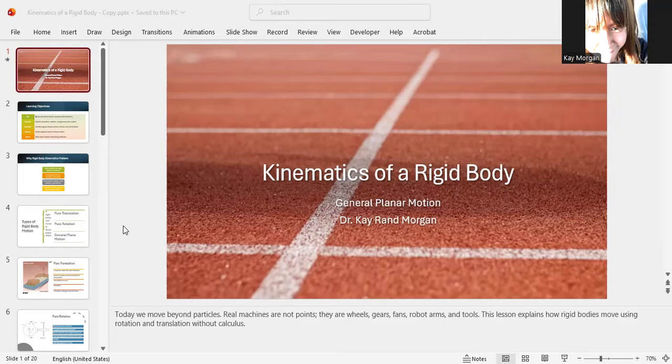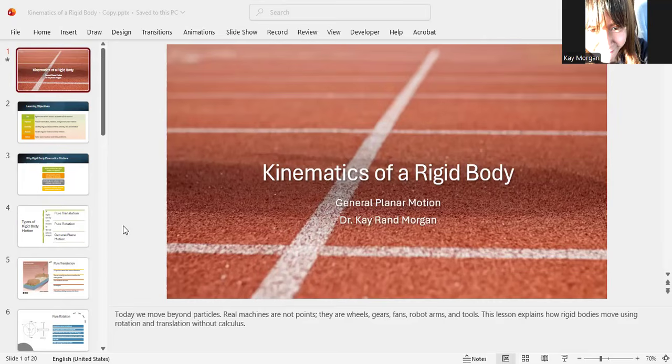The center of the wheel moves forward while the wheel rotates. Sometimes you think the wheel is just rotating, but rolling is rotating and going forward. That combination of translation and rotation is what we call general planar motion, because it is motion that happens on a plane.